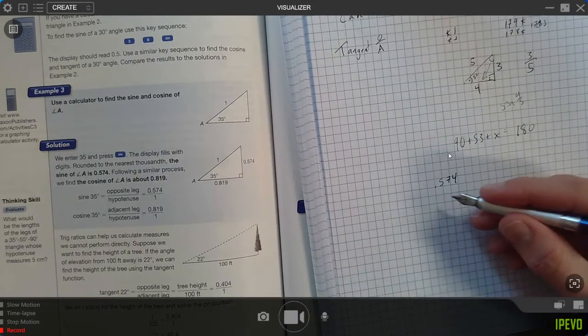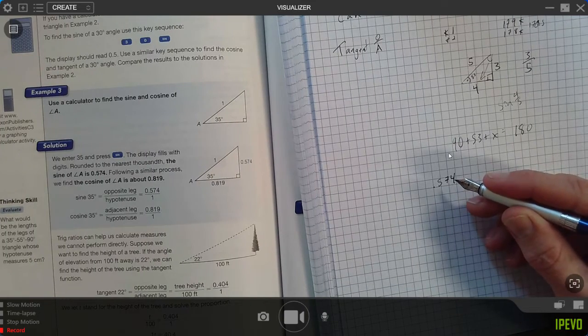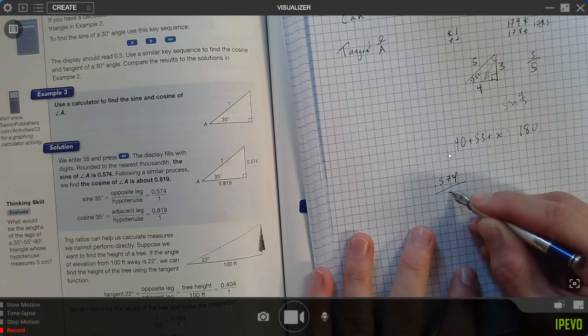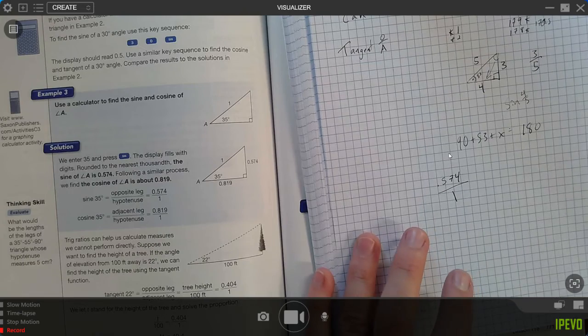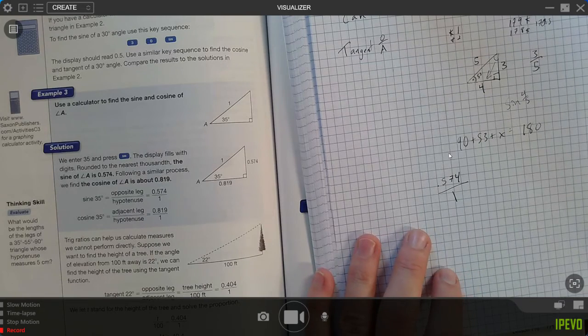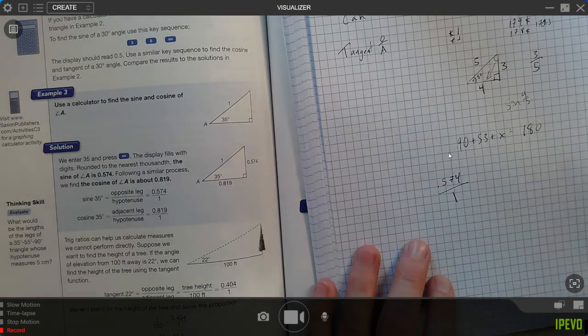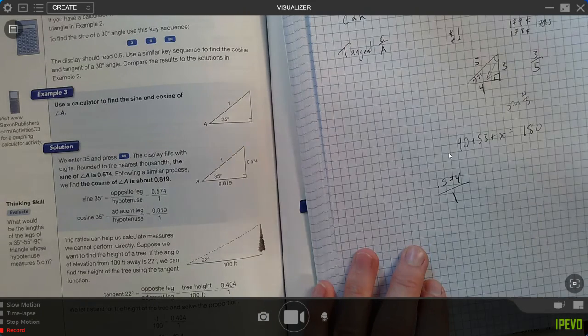Well, the easiest way to write that ratio is 0.574 over 1. That's that ratio. So that means that your side length must be 0.574.